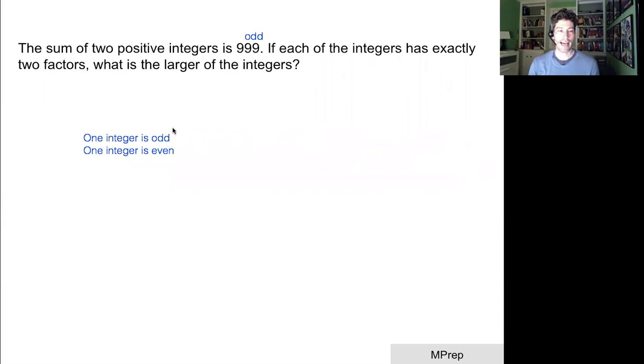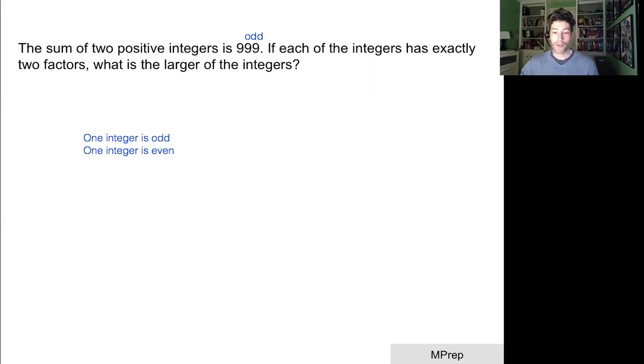Each of the integers has exactly 2 factors. What does that mean? What is the GMAT telling you without telling you there? All right, and I had a couple suggestions here.